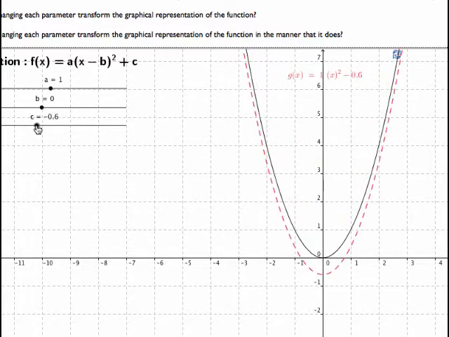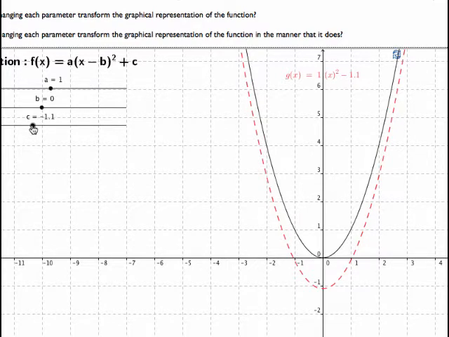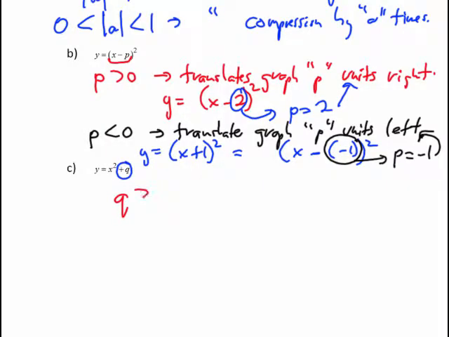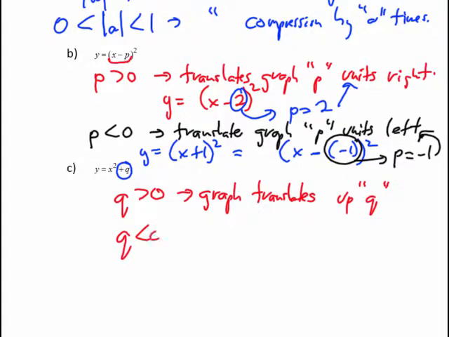If I go to a negative value, -1 let's say, if the constant is -1 at the end, my graph vertically translates 1 unit downwards. So if q is a positive number, the graph translates up q units. If q is negative, the graph translates down q units.